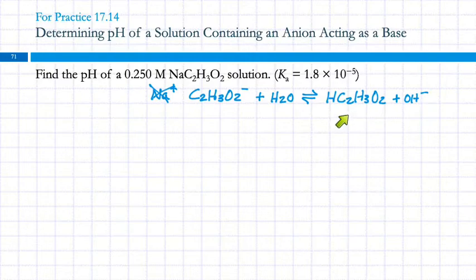This is acetic acid. That's the Ka that we've got for this acting as an acid. But I'm looking at the anion acting as a base, so I need Kb.